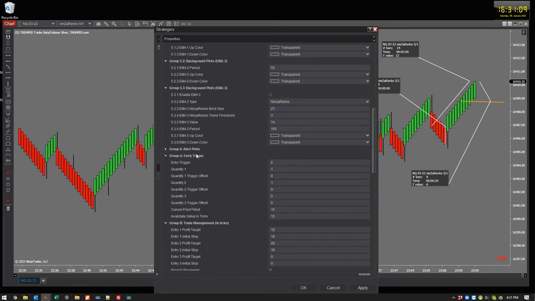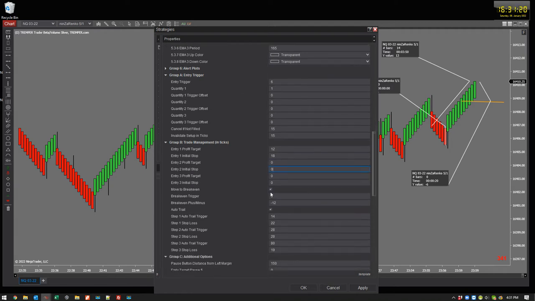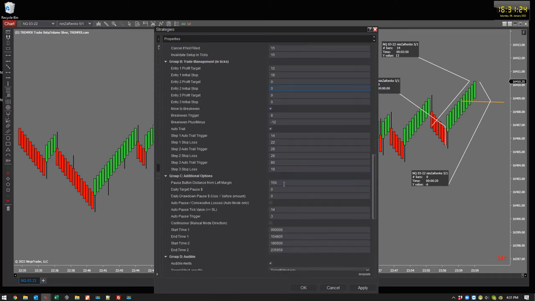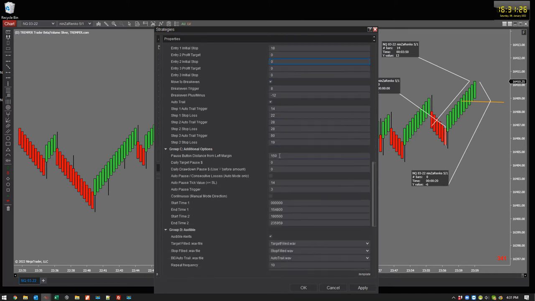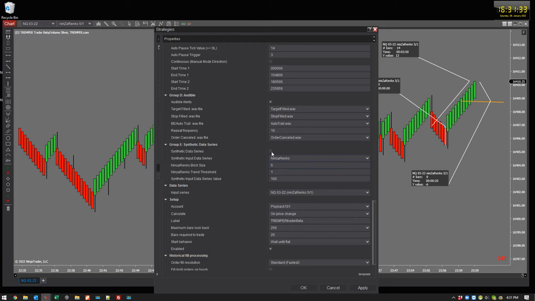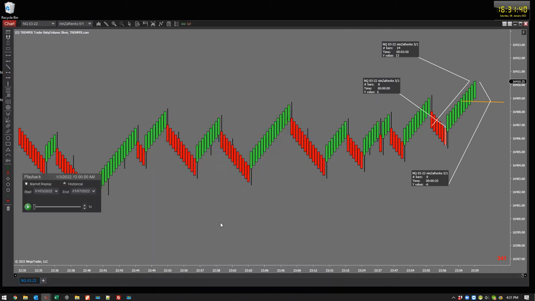I don't really care about all that. Trigger is 6. I'm just going to do one contract. I don't need to change these because they don't apply, but I'll just throw zeros in there to make them cleaner. Okay, I'm on a 5-1, so it doesn't matter. If I turn it on, it's just redundant. Okay, so let's do that.